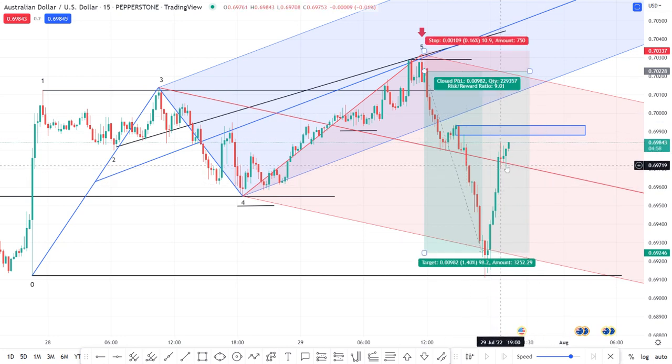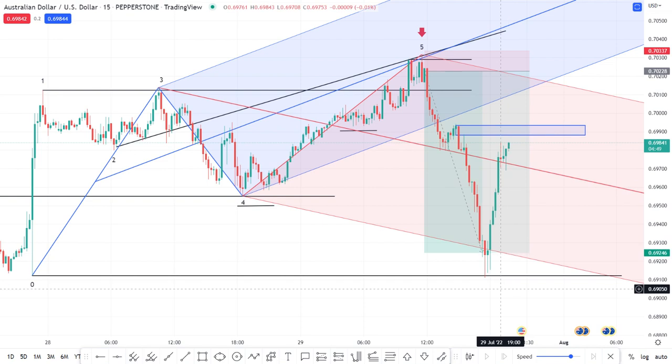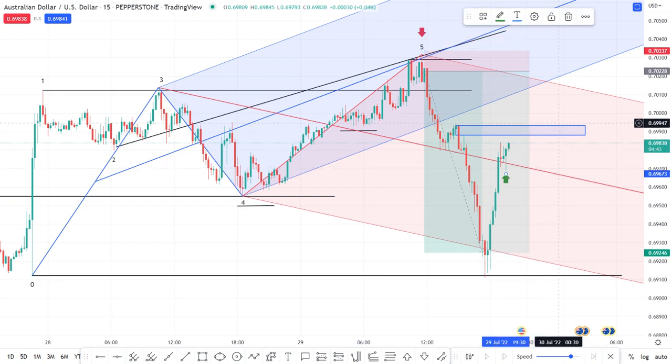Otherwise, you can see the price now, the median line, from resistance to support again. 1, 2, 3, and this is a fractal candle suggesting a movement to the upside.